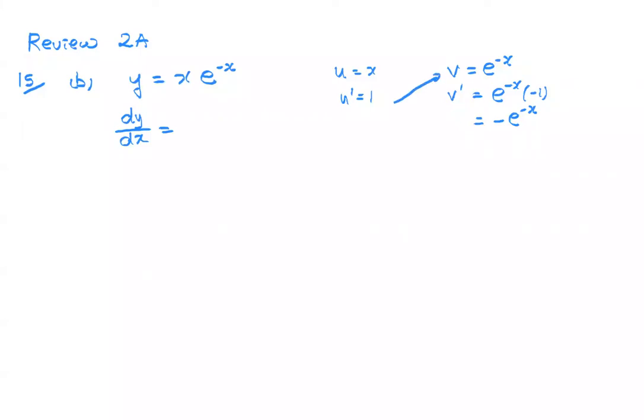So it will be e to the power negative x times 1, plus u v prime. Okay, so it will be e to the power negative x minus x e to the power negative x.